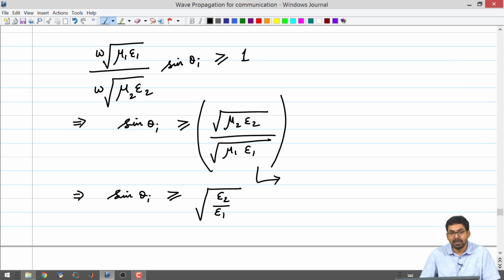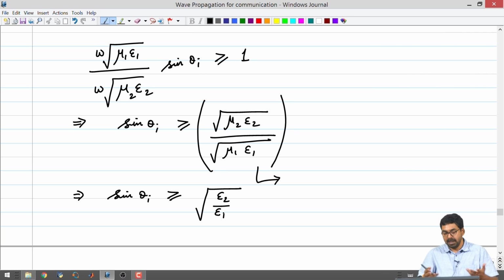So, as far as the incident angle goes, we have control. When you are doing the experiment, you have control over the incident angle. You can go from 0 degrees to 90 degrees. That is how you will rotate your incident beam with respect to the interface. There is no way for you to make your theta I greater than 90 degrees.